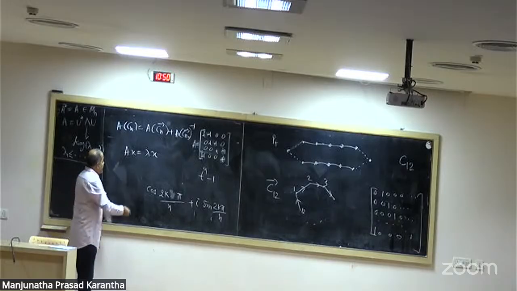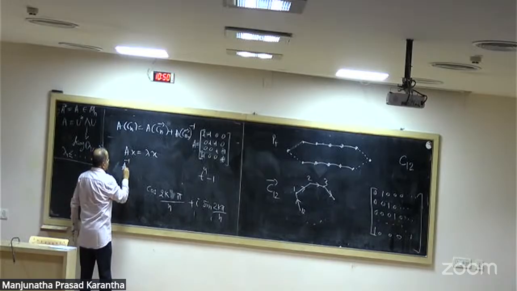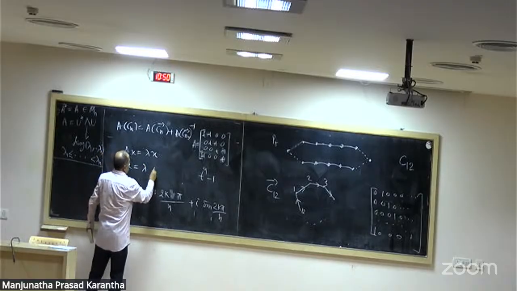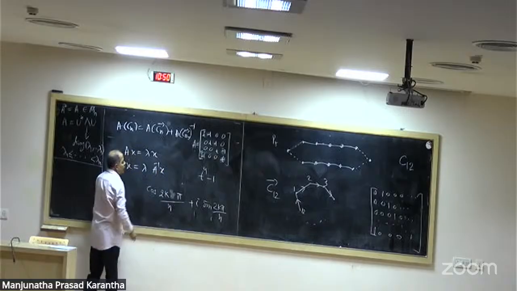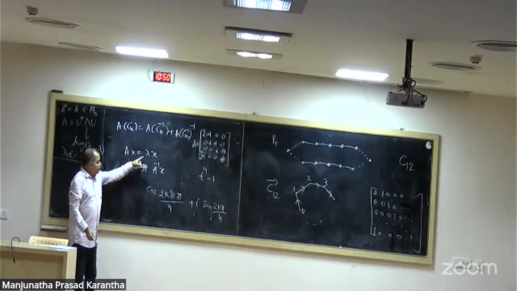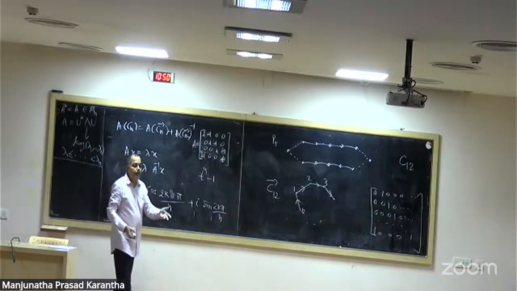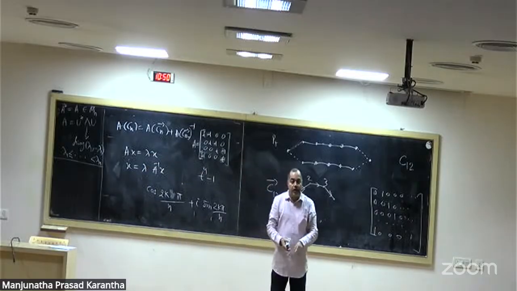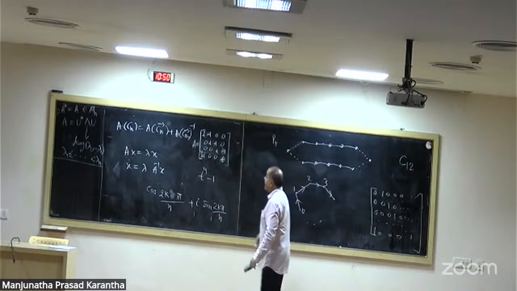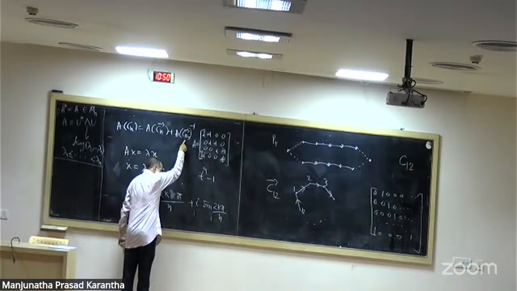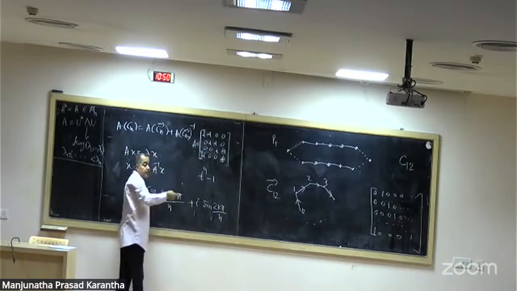Then you multiply A inverse both sides, you will get x is equal to lambda A inverse x, or A inverse x is equal to 1 by lambda x. Of course, lambda is not equal to 0. If A is invertible, it will never have 0 eigenvalue. So, if x is an eigenvector for this with respect to lambda, then this is also an eigenvector for this with respect to 1 by lambda.